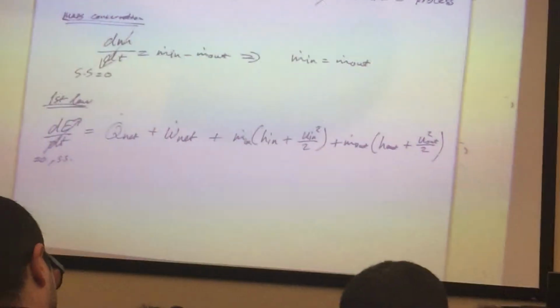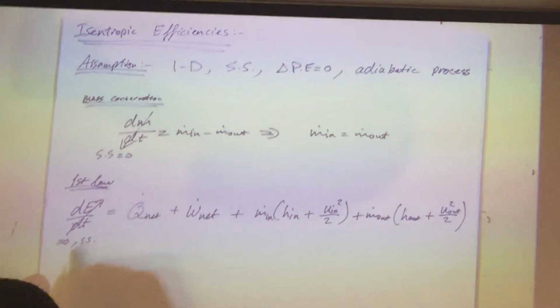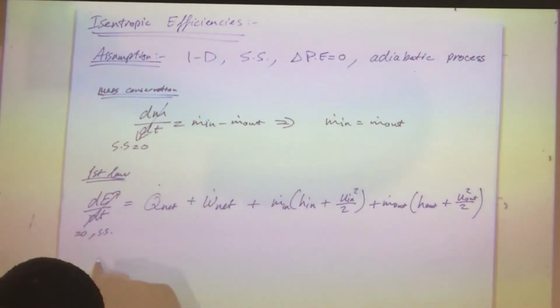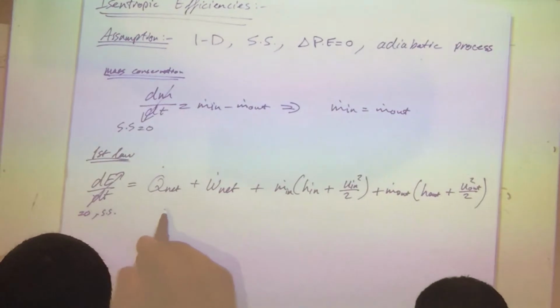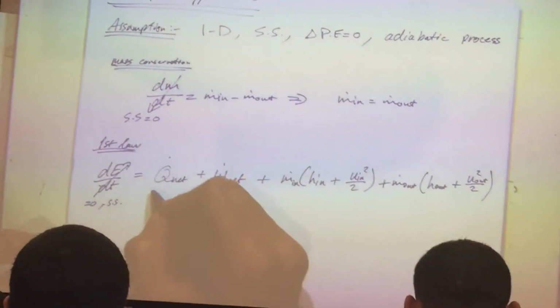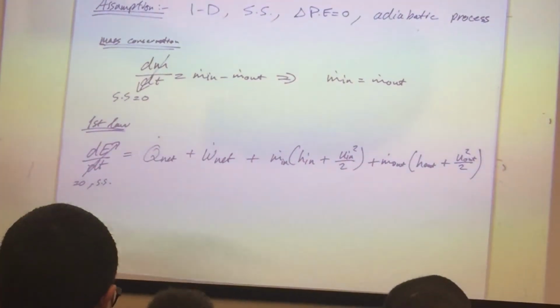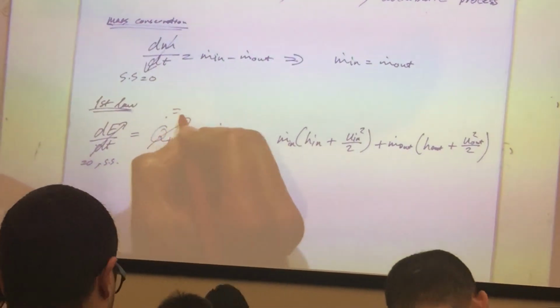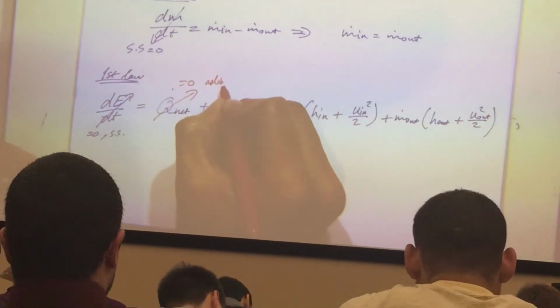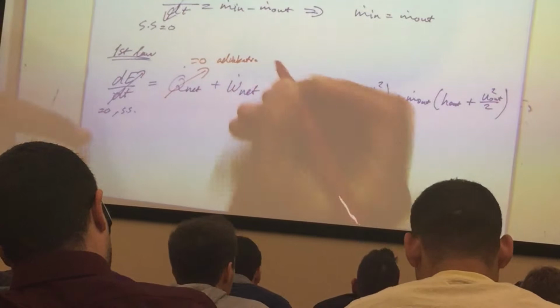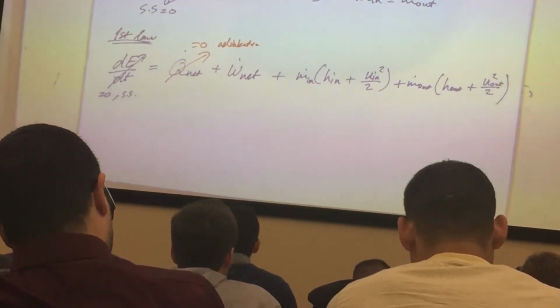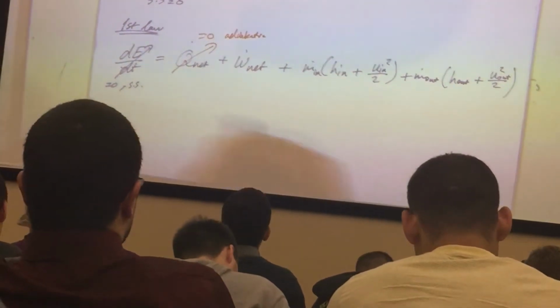That's my first law. So that's equal to, now I said adiabatic, right? So if I assume adiabatic, then I'm just going to say equals 0, adiabatic process. So from there, rearrange my terms. What am I going to get?